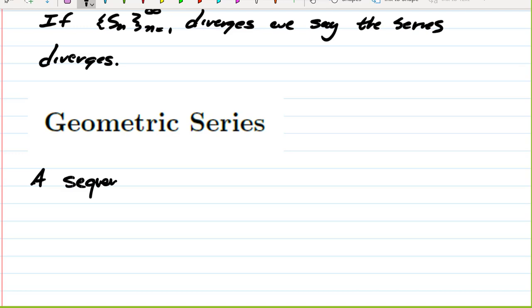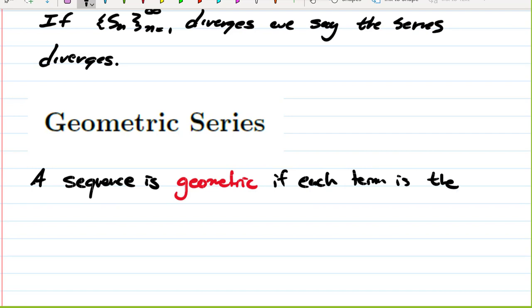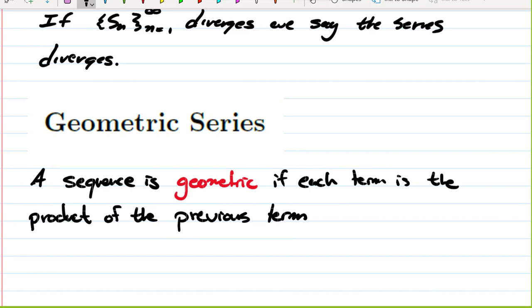So a sequence is geometric if each term is the product of the previous term and the common ratio r.